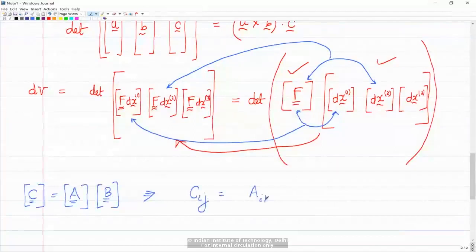Isn't that Aik into Bkj? Right? And there's a summation over k, of course. Anybody not comfortable with this? Cij equal to Aik into Bkj?